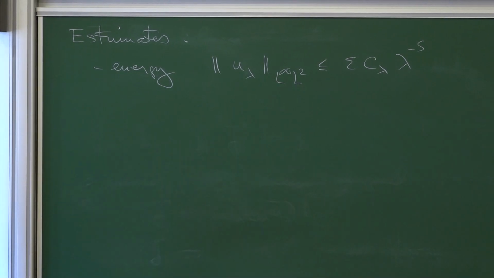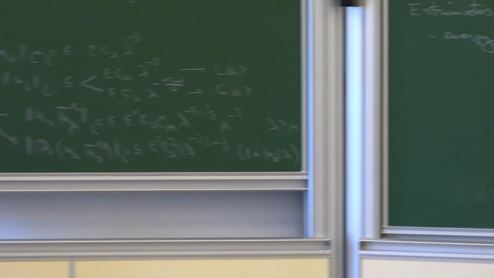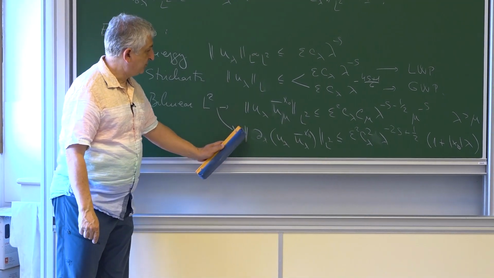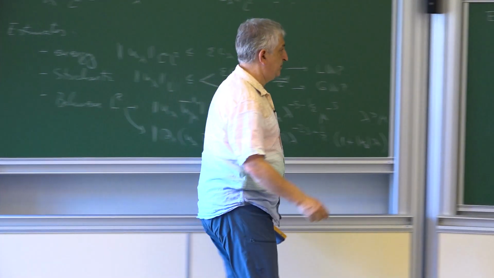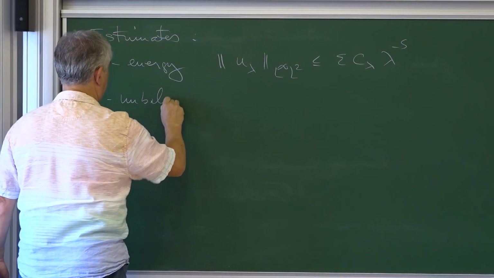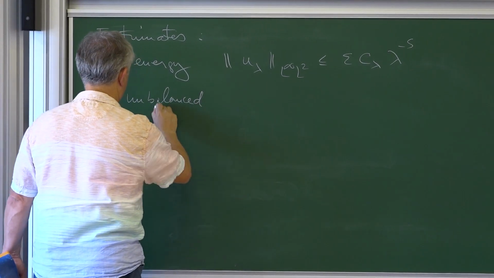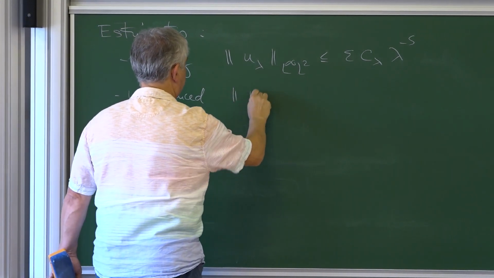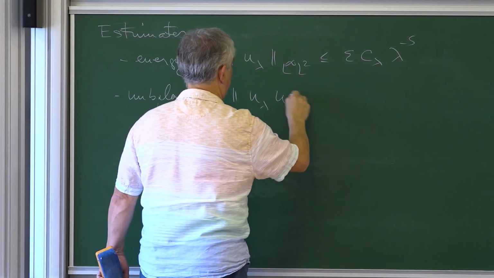And then I want to write down these bilinear estimates, in an unbalanced version and a balanced version. So here we look at u_lambda, u_mu bar.